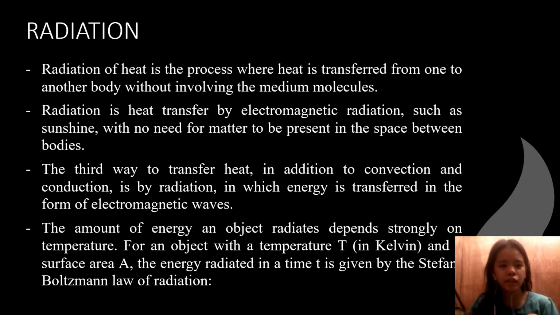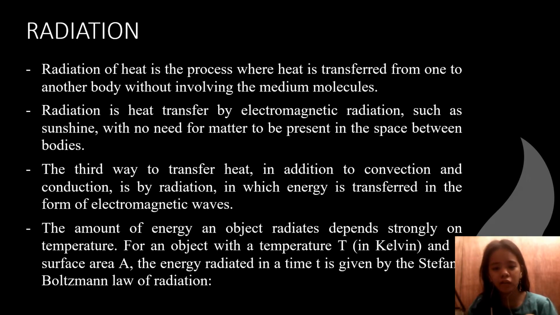So next is radiation. Radiation is the process where heat is transferred from one body to another without involving the molecules. Radiation is heat transfer by electromagnetic radiation such as sunshine, with no need for matter to be present in the space between bodies. The third way to transfer heat, in addition to convection and conduction, is radiation, in which energy is transferred in the form of electromagnetic waves.